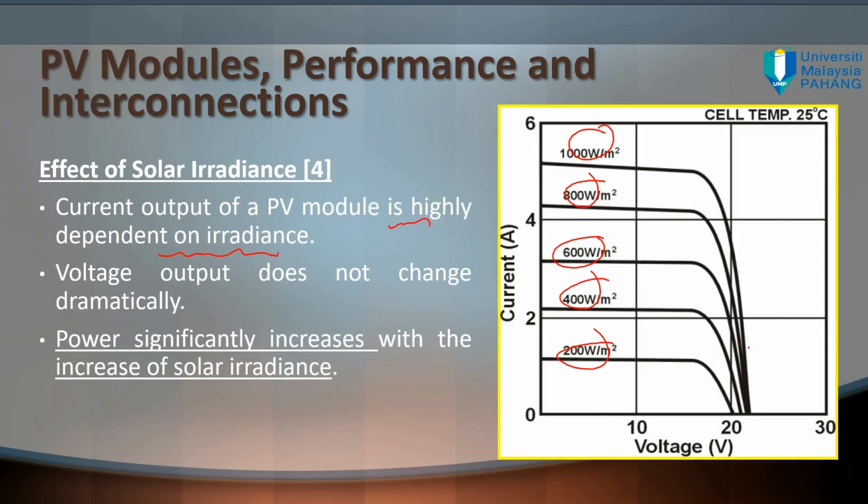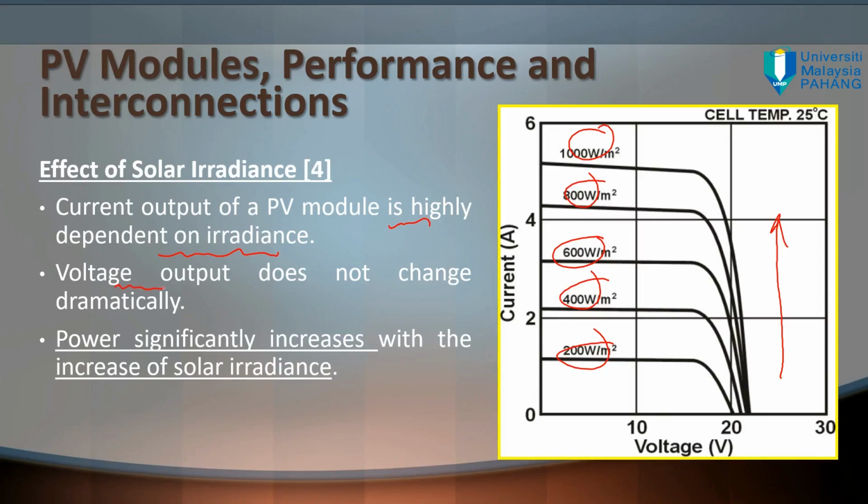Macam tu. So, we need more irradiance lah. We need more sunlight. We need more sunshine duration in order to generate higher current for our PV modules. So that's very clear. Okay.